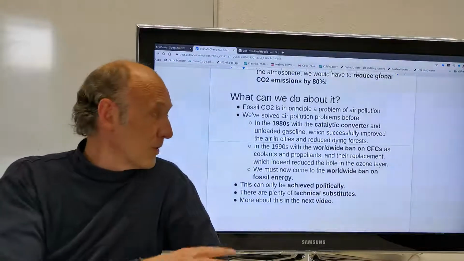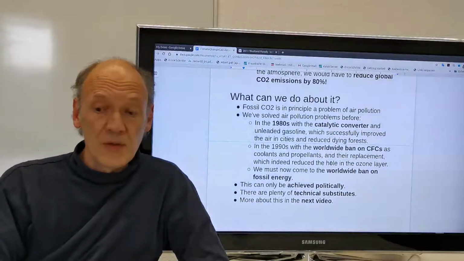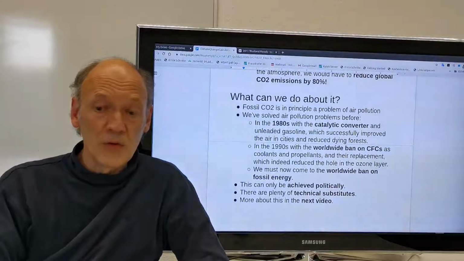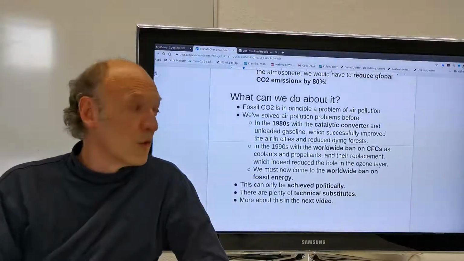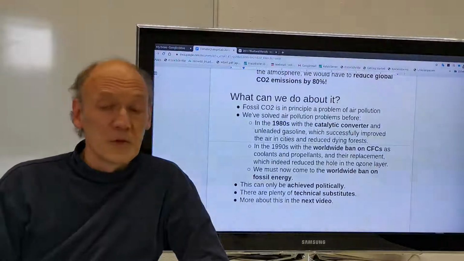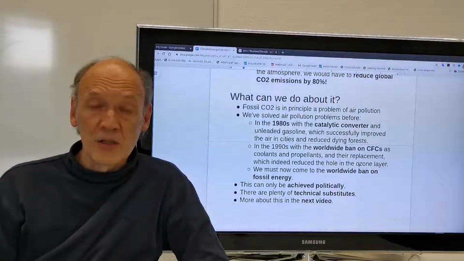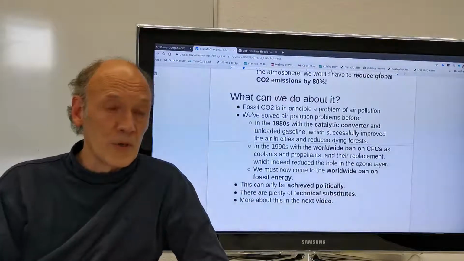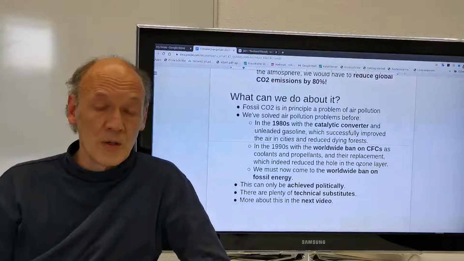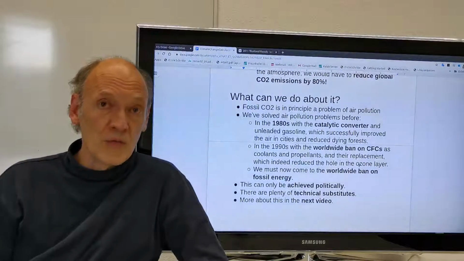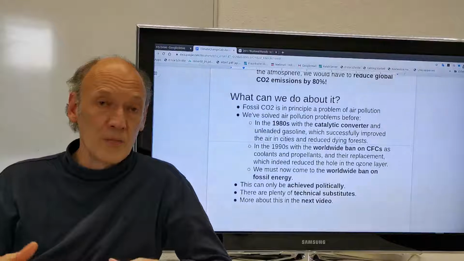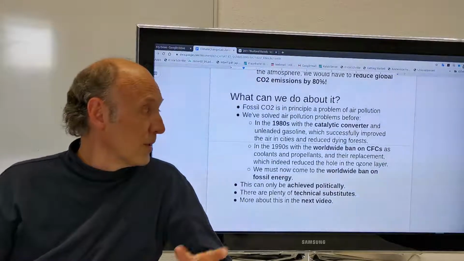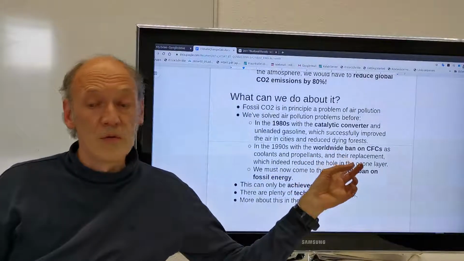So just banning CFCs was sufficient to solve this problem of the ozone hole. This is actually an example where a worldwide ban worked and where we managed to have a worldwide ban. Right? All the countries worked together in this worldwide ban on CFCs.